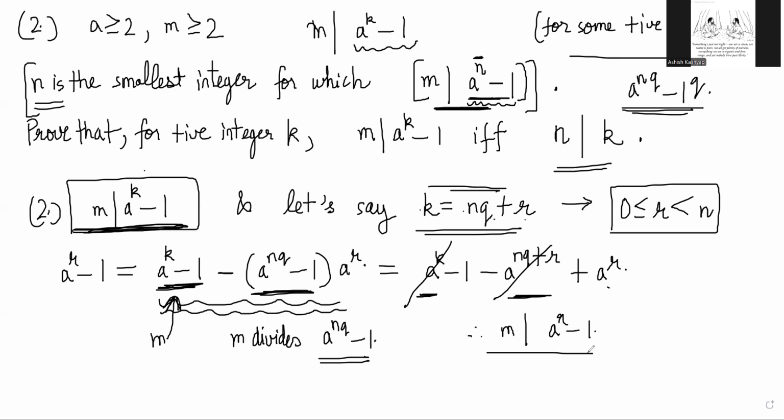If m divides a power r minus 1, r is the remainder when we divide k by n. r is the remainder when we divide k by n.